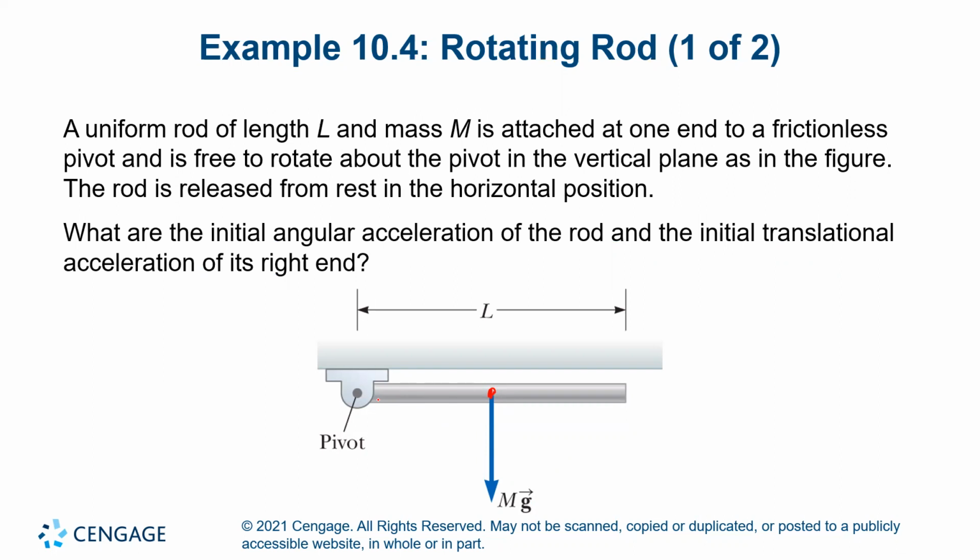Of course, the force of gravity is everywhere along the rod, but for simplification purposes, we can think of the force of gravity as only acting at the center of the object. And of course, the formula is just the weight, the mass of the rod times g, 9.8 meters per second squared. So this force of gravity is the one that produces the torque which causes the rod to accelerate.